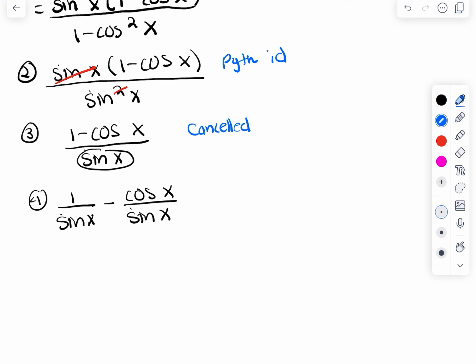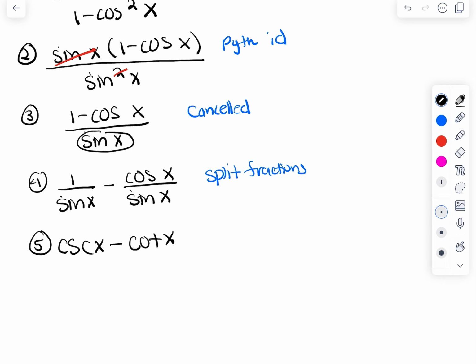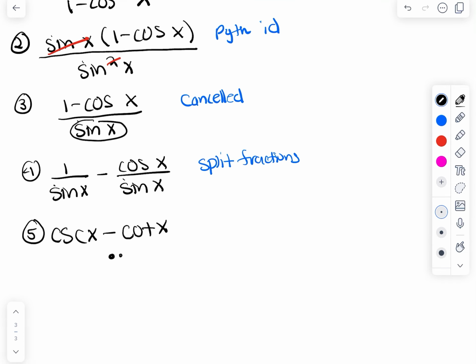So I'm splitting the fractions. And then 1 over sine x is cosecant x, and cosine over sine is cotangent. And that's exactly what I was trying to get to. Yay. And I do this, again, by using the reciprocal and quotient identities.